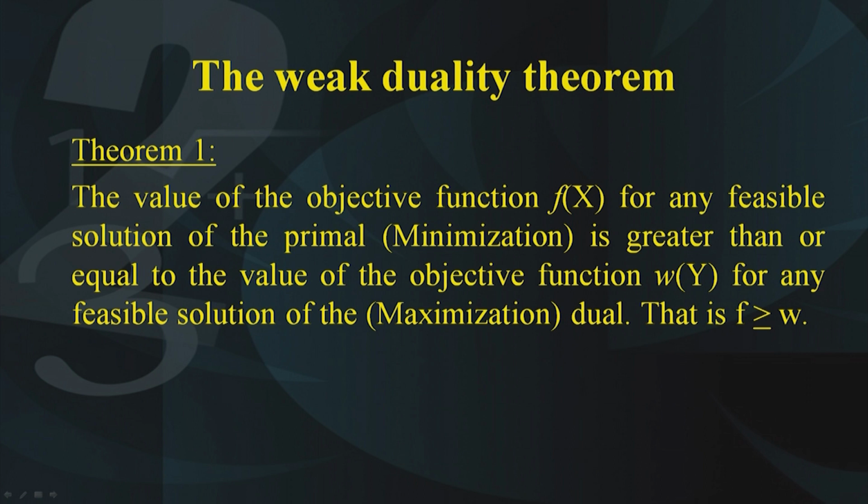Please note that the primal should be in the minimization type, and of course, the constraint should be greater than type, and the dual should be of the maximization type, and the constraint should be less than or equal to type. Only then will this condition f greater than or equal to w be satisfied.